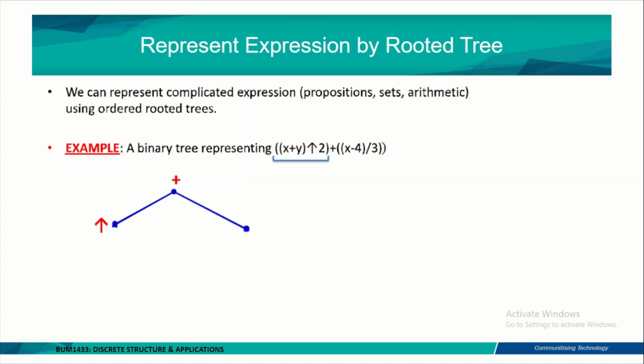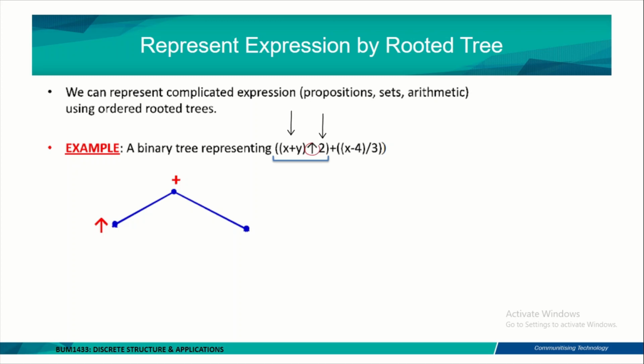So we put the operation power at the left side of the tree. If we choose the power, we have 2 at the right side, and x plus y at the left side. So the right side goes to the right side of the graph, and the left side goes to the left side of the graph.